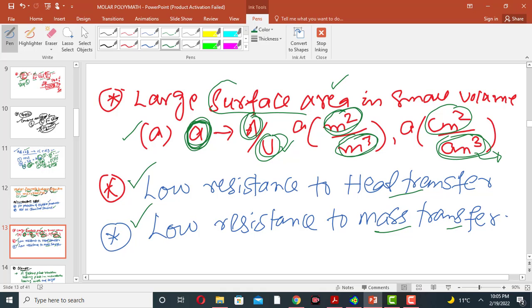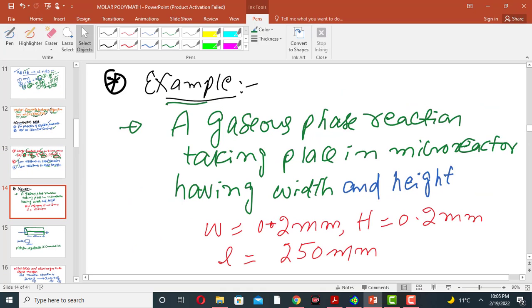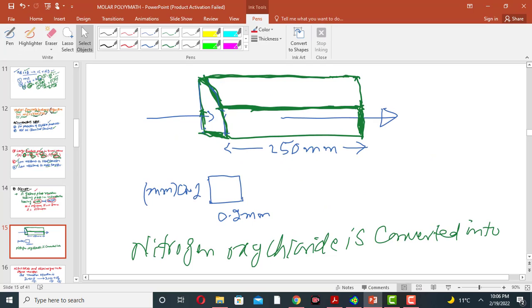So for example, where we can use the microreactor, this is an example. The example is a gaseous phase reaction taking place in a microreactor having width W and height H. So we have a microreactor. The width of the microreactor is W. Suppose this is a microreactor.